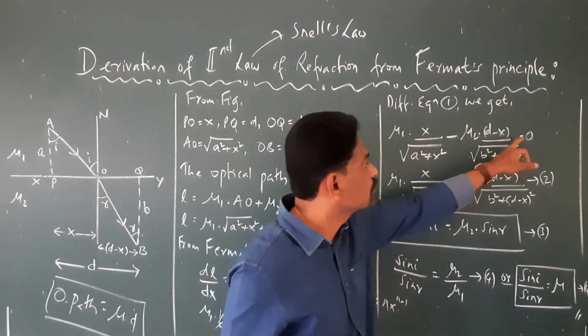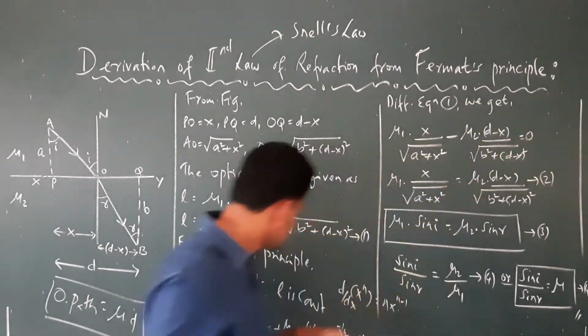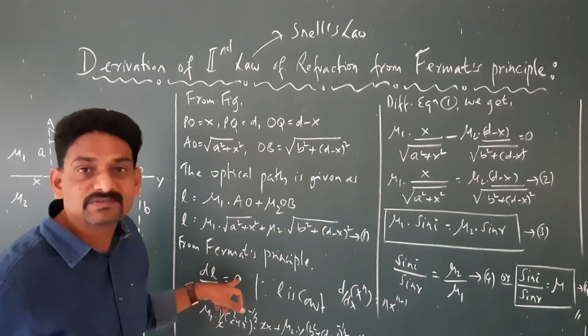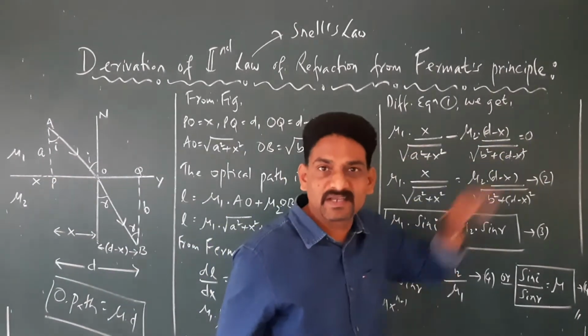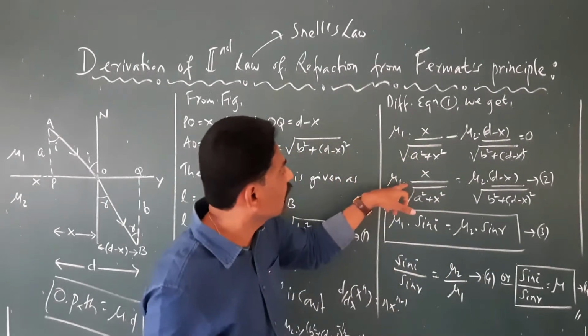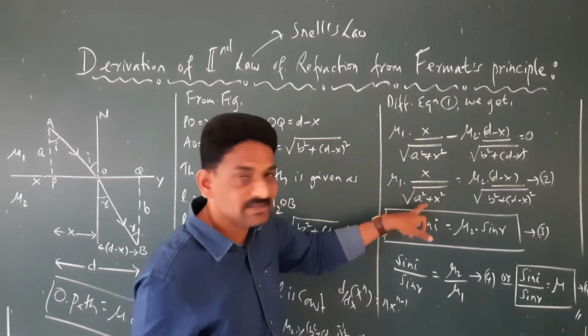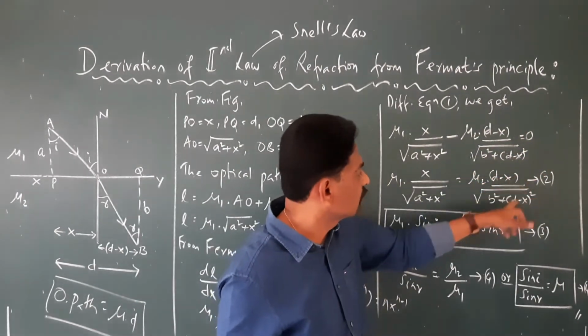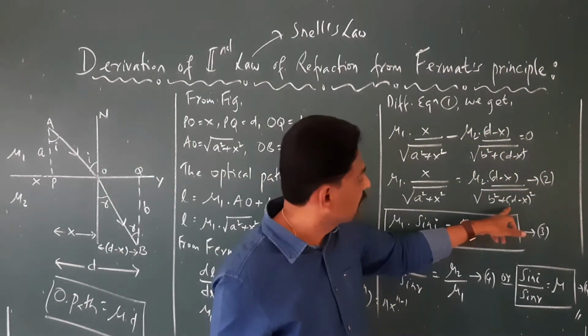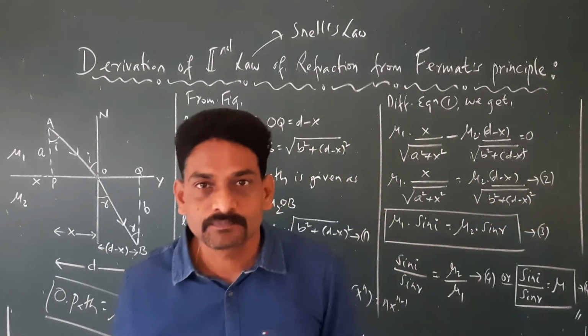All this is equal to 0 because dl by dx is equal to 0, right? Then transferring to the other side, we get mu1 into x divided by this term as it is equals to, taking this to the other side, mu2 into d minus x divided by root of b square plus d minus x square, right?